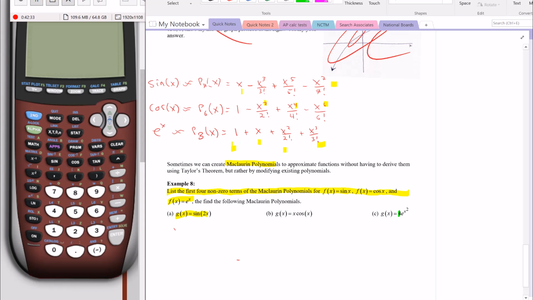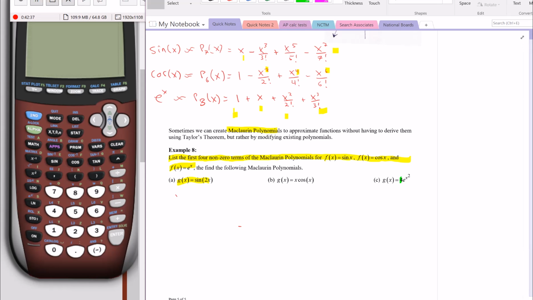So what I'm trying to show you with this, let's go back down here, is that if I want to approximate sine of 2x, then sine of 2x can be approximated by using what we already have.